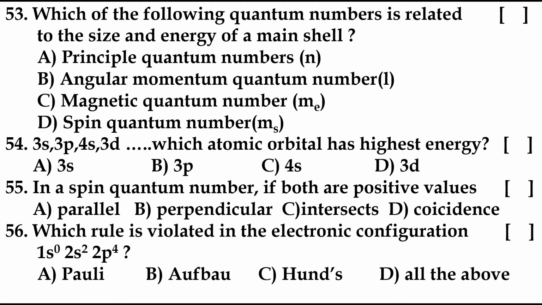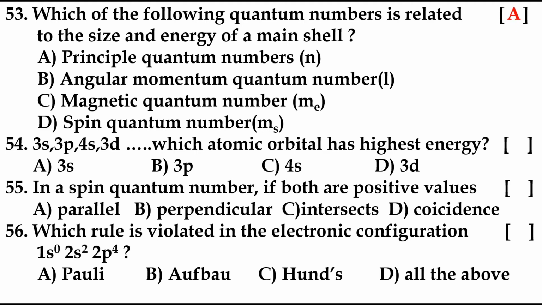Which of the following quantum numbers is related to the size and energy of a main shell? A. Principal quantum number, B. Angular momentum quantum number, C. Magnetic quantum number, D. Spin quantum number. Answer is option A, principal quantum number.